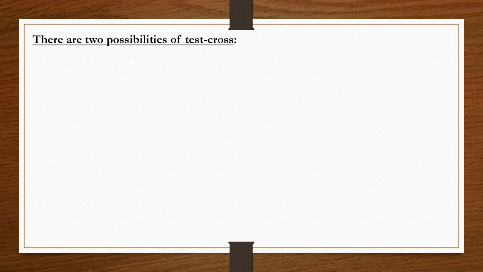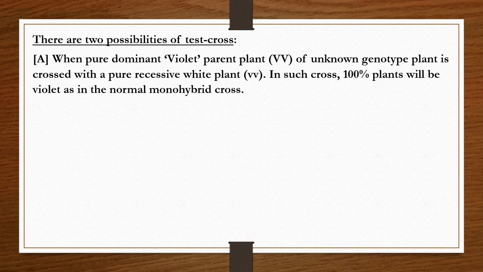There are two possibilities of test cross. One: a pure dominant violet parent plant, represented with capital V, or as per our textbook, capital W, of unknown genotype, is crossed with a pure recessive white plant, represented with a small v, or maybe small w.